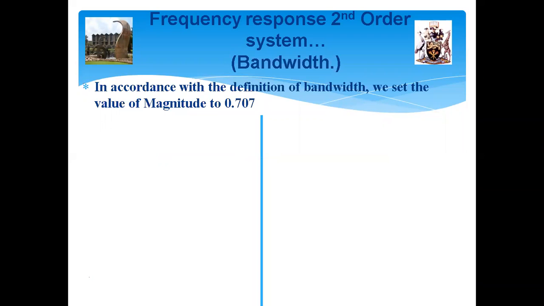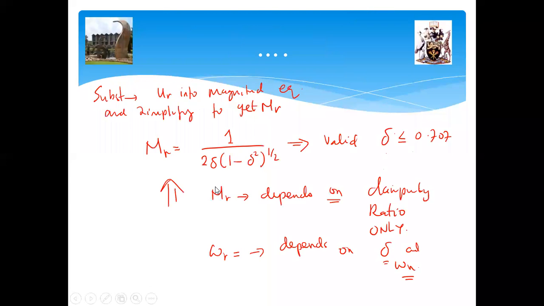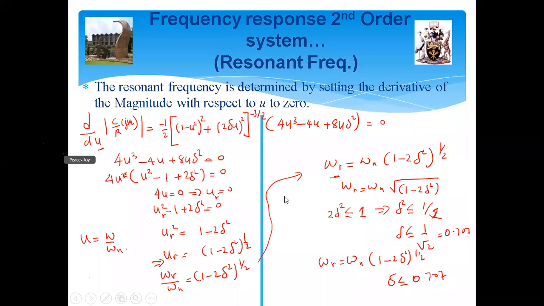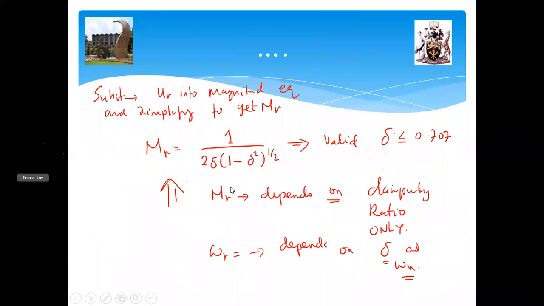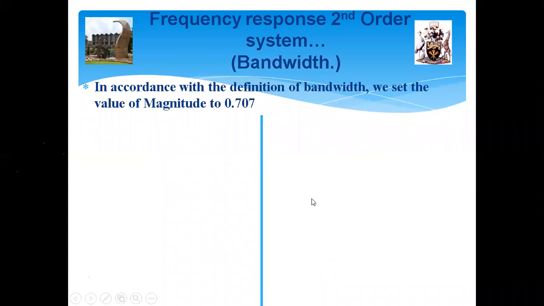So we have two specifications. One, resonant frequency, this peak. So what is remaining is the bandwidth. And remember, bandwidth is the frequency where the magnitude value drops to 70.7%.